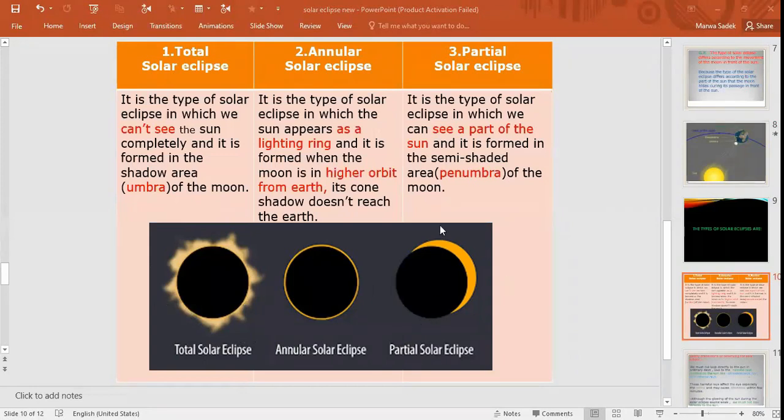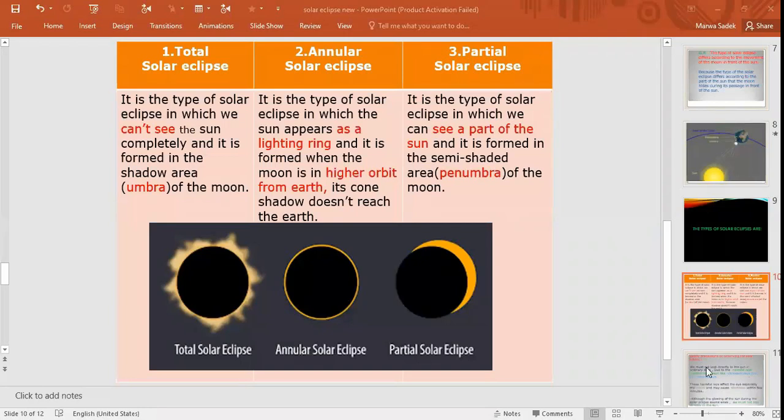The partial solar eclipse takes place in the penumbra, the semi-shadow area of the moon, and we can see only part of the sun. The annular solar eclipse, we can see the sun as a lighting ring, and it takes place when the moon is in a higher orbit from the Earth.